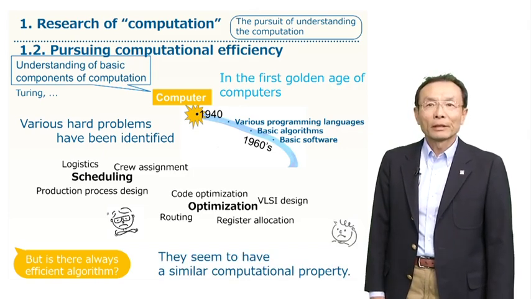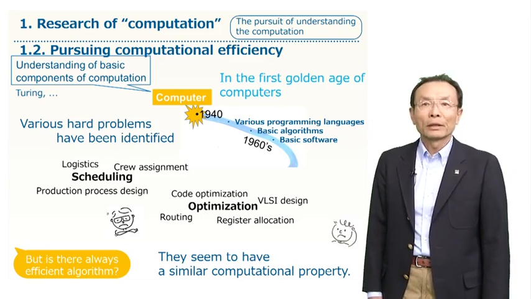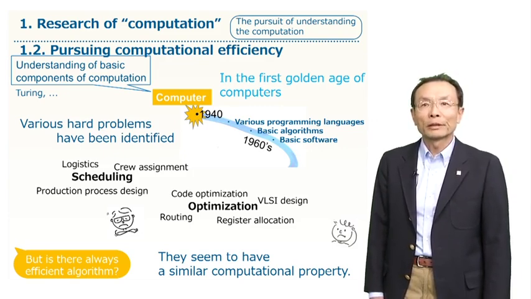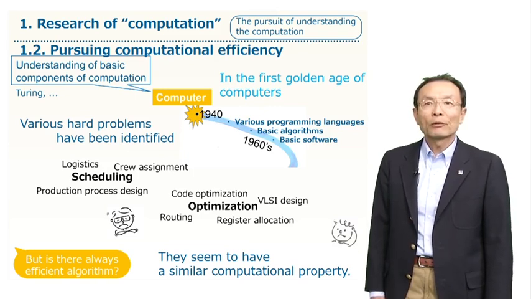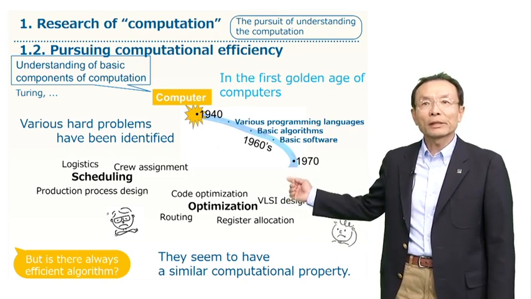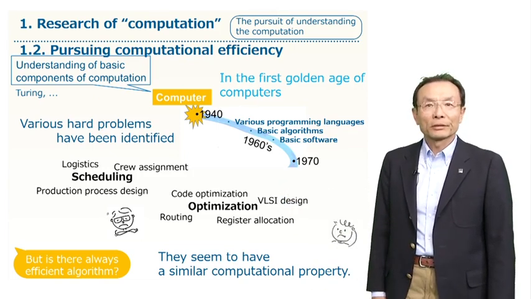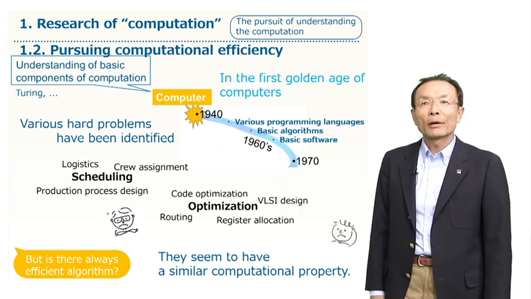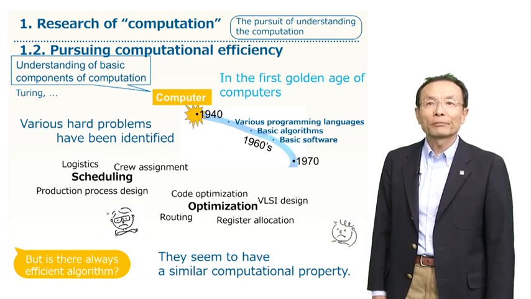And over time, they started to feel there was a particular property common to those hard problems. To this somewhat vague feeling, around 1970, two mathematicians independently provided a sharp and mathematically precise interpretation.